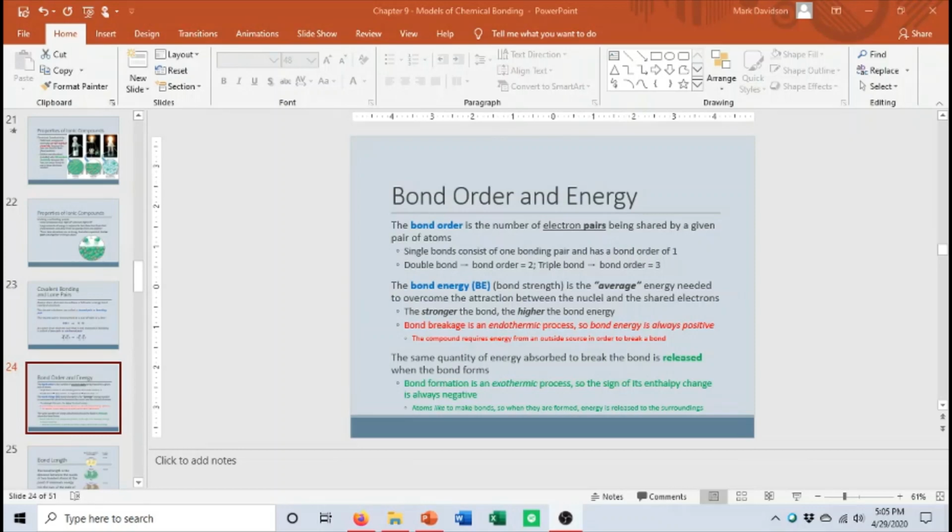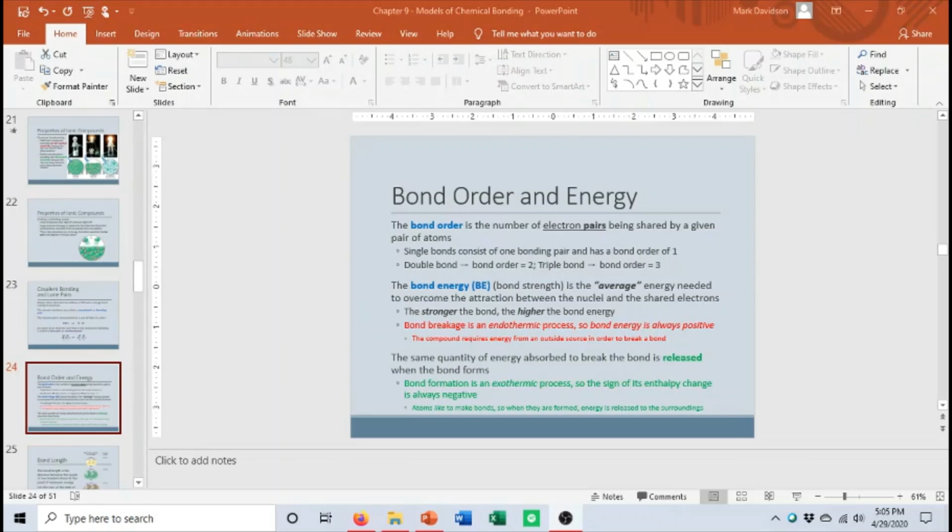And so a release of energy is going to be an exothermic reaction, which, if you are an atom or an electron, is a good thing. That's what we want. But bond breakage is the complete opposite of bond formation. So bond breakage is always going to be an endothermic reaction. You always have to absorb energy in order to break a bond.